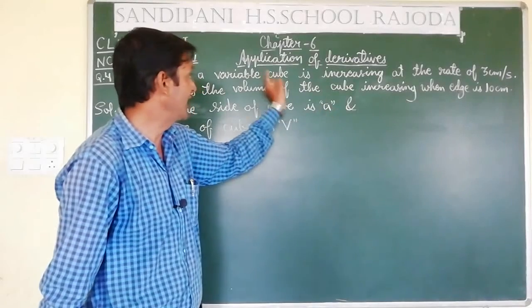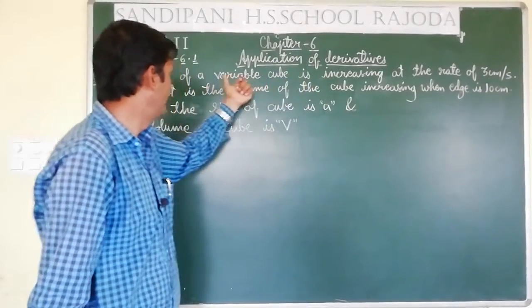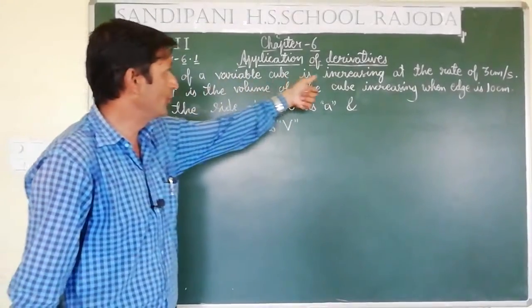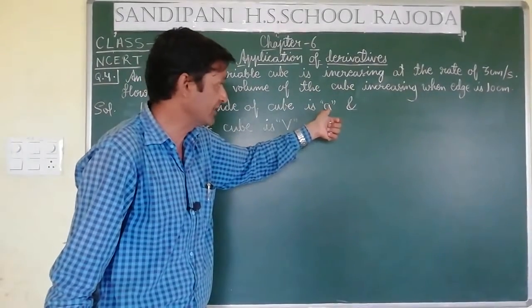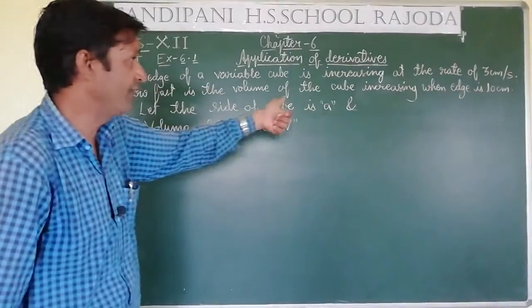The edge of a variable cube has side A, so we have considered the side as A.